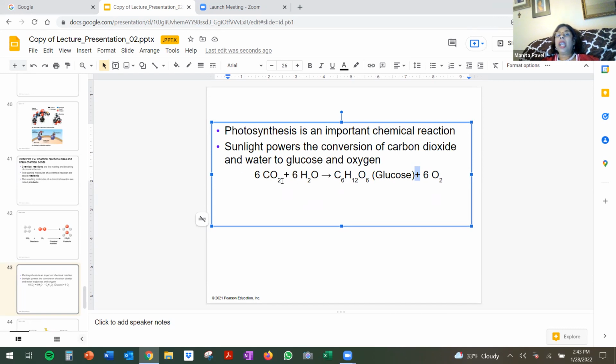So these are the reactants, these are the products. And oxygen gas is always released because carbon dioxide gas is absorbed. We humans are exhaling, releasing carbon dioxide gas, which is toxic for us. And in turn, the green plants are giving us oxygen, which we need for cellular respiration.